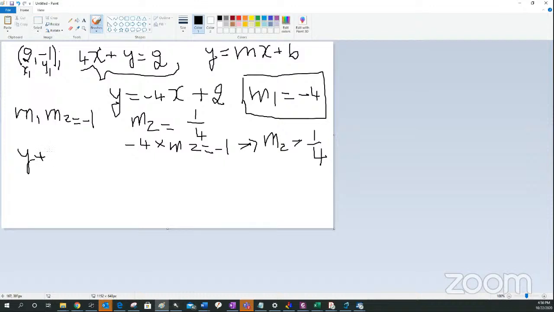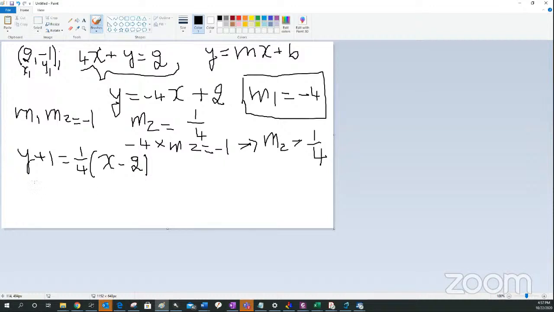So y plus 1 is equal to the slope m2, which is 1 over 4, times x minus x1. Our x1 is 2, so x minus 2, right?